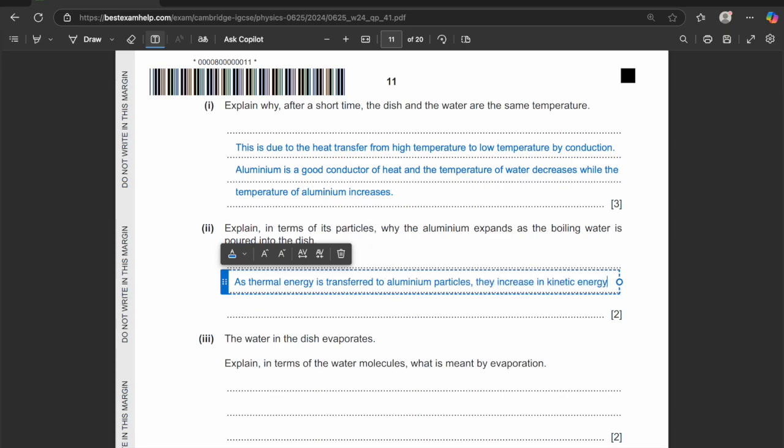So they move faster. Not that they expand actually, they move away from each other, farther from each other, for aluminum to expand.